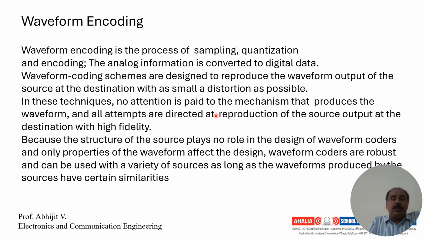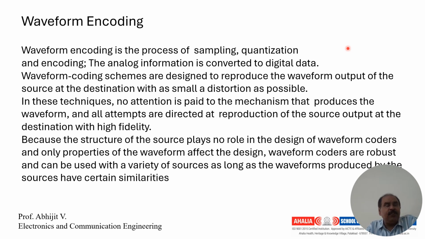In these techniques, no attention is paid to the mechanism that produces the waveform, and all attempts are directed at the reproduction of the source output at the destination with high fidelity. Because the structure of the source plays no role in the design of waveform coders, and only properties of the waveform affect the design, waveform coders are robust and can be used with a variety of sources as long as the waveforms produced by the sources have certain similarities.